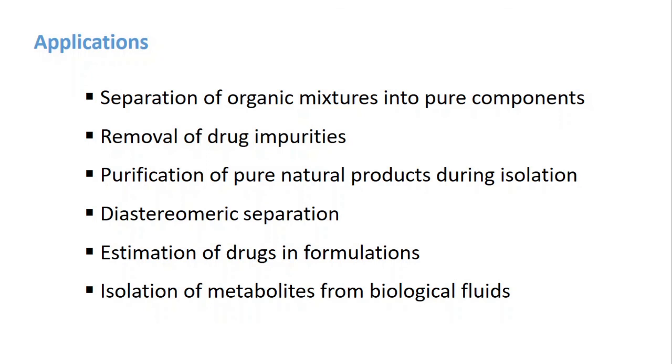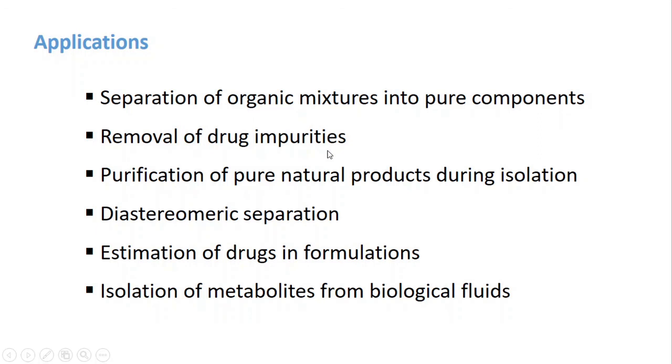Now coming to the other applications of column chromatography, this we have already seen, separation of organic mixture into pure components. Basically what column is used for. Separation of drug impurities. Most of the pharma industries widely use column chromatography technique. They use flash chromatography.